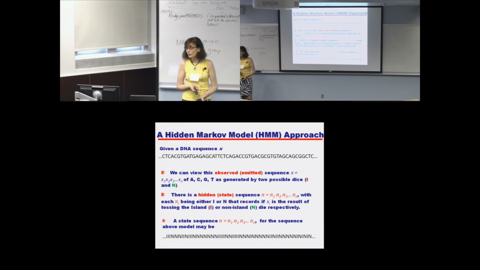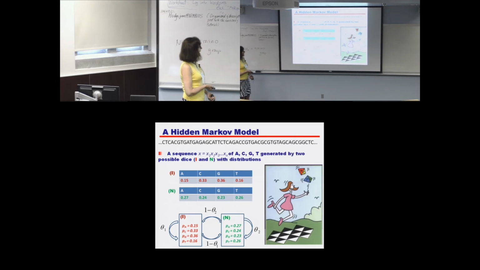Right? So that's the thing, that we want to take this information, take how the dice are loaded. And this data comes from Durbin, that's Biological Sequence Analysis: Probabilistic Models of Proteins and Nucleic Acids, so you have the reference later in the slide.